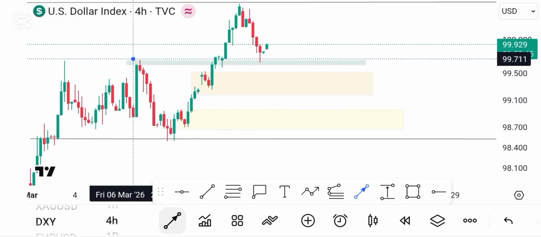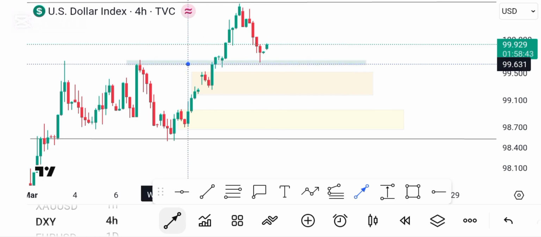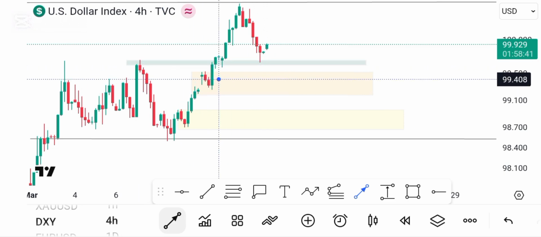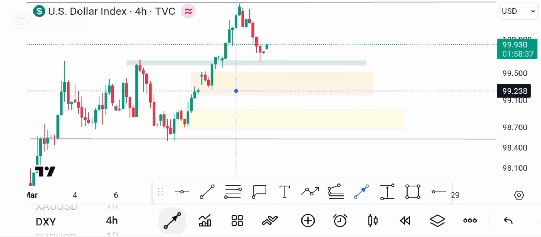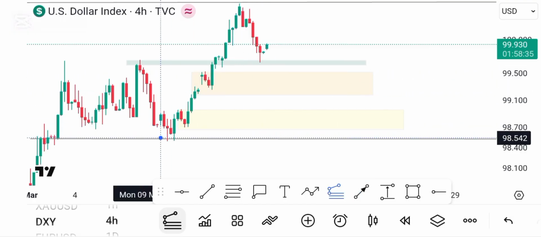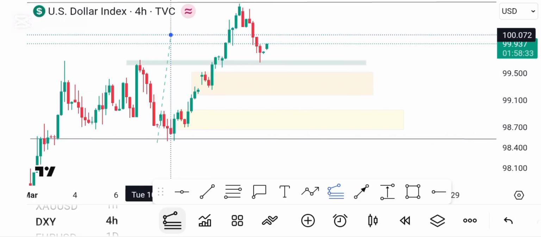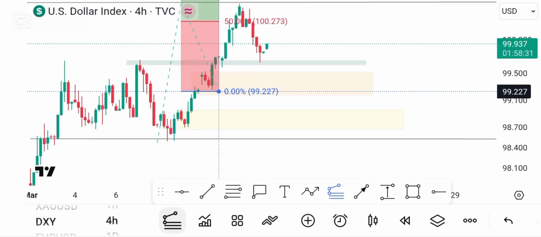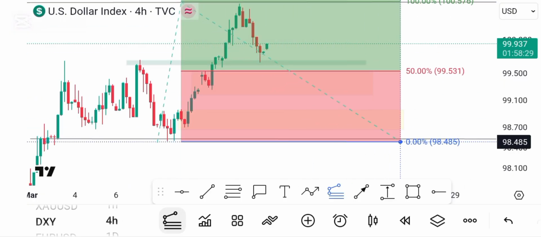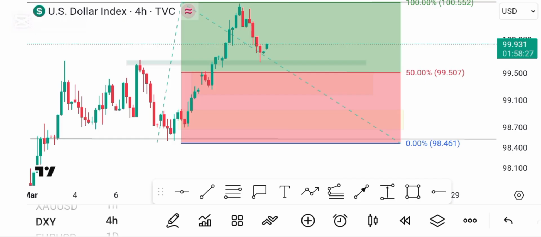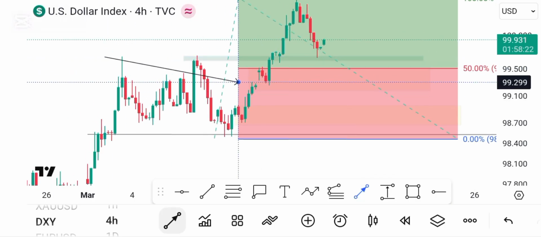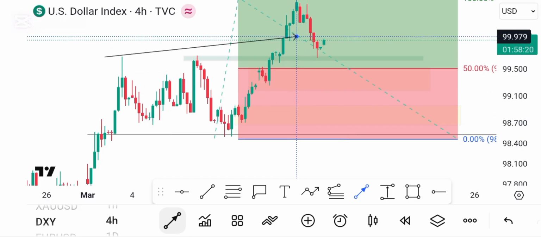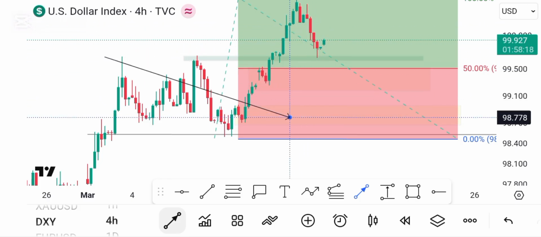Like I said, this is a break of structure. Price broke the structure, and we're expecting price to come into this zone here. This is the premium, and this is the discount.